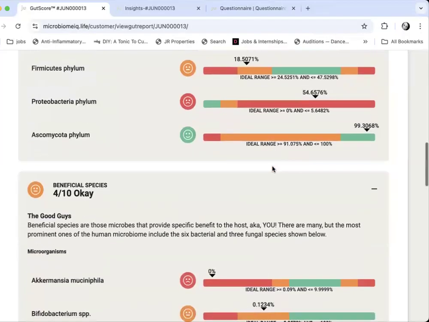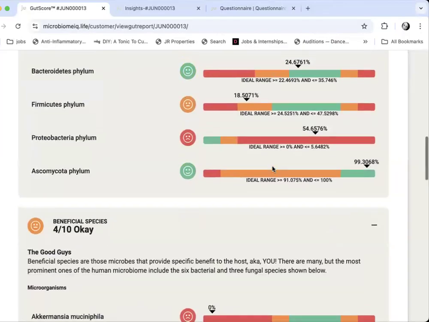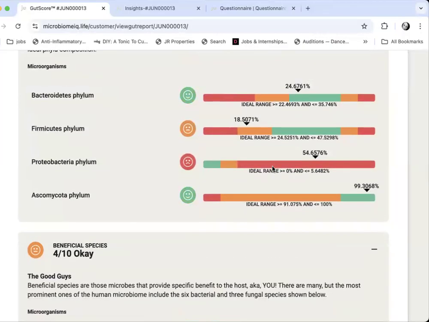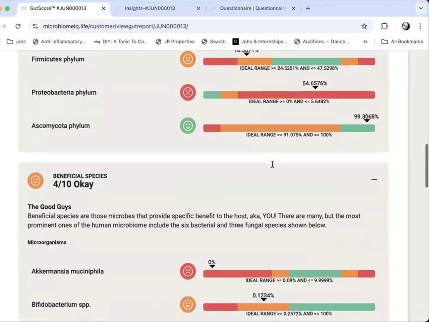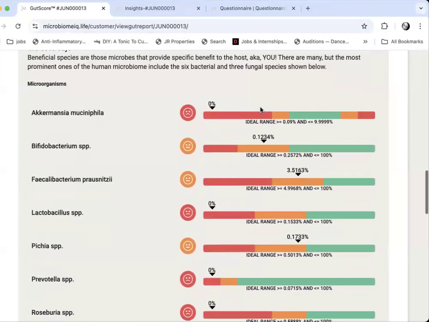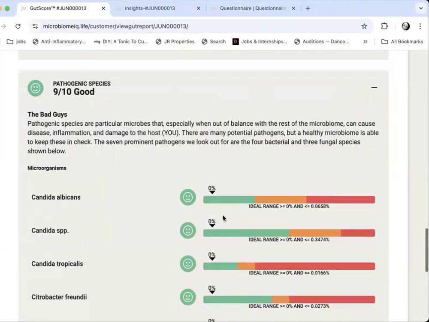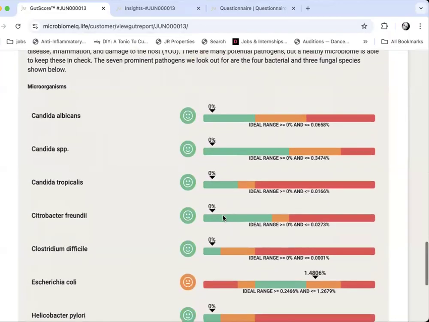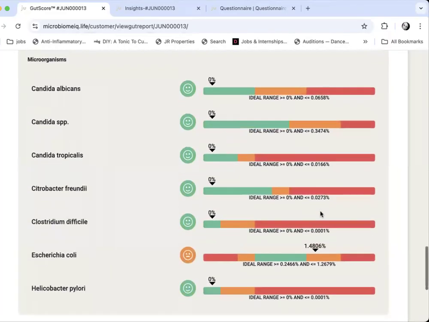But the overall pattern that may suggest parasitic activity in the gut is if your defenses are down. So we're talking about the pattern of having low beneficial species and either high normal or higher levels of the pathogenic species.